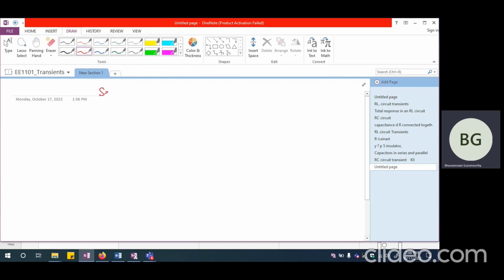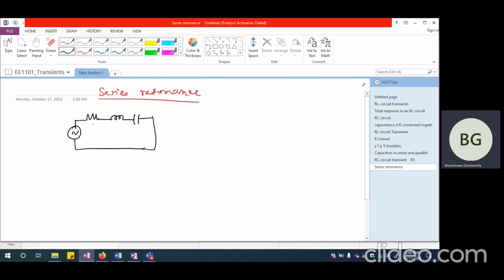So in series resonance, what we said was R, L and C will be connected in series. So we are going to have R, L and C, all of them connected in series, and they are connected to an AC voltage source, which is of varying frequency.